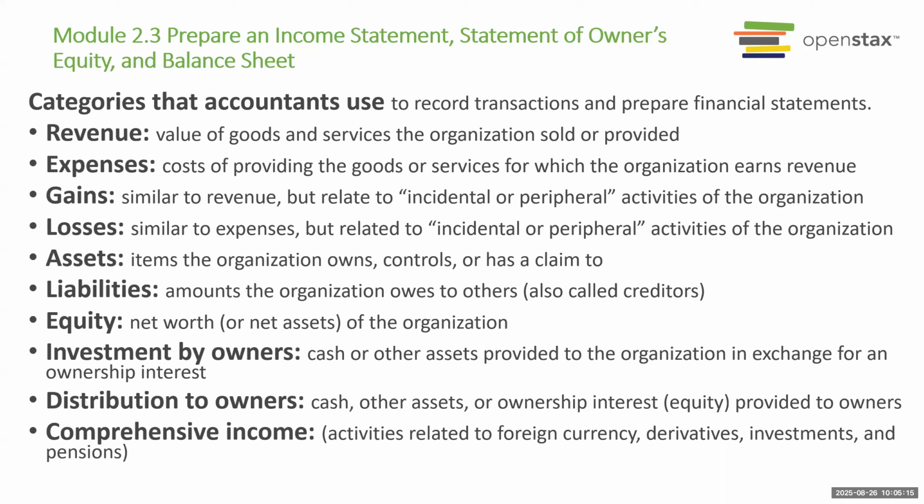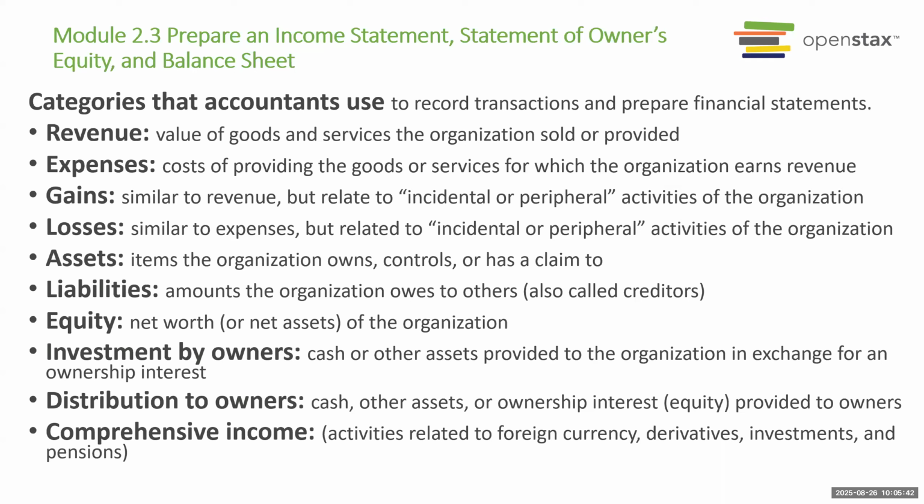Assets are items that the organization has claim to or controls. Liabilities are amounts the organization owes to others, or creditors. Equity is the net worth; basically, we talked about assets minus liabilities. Investments by owners are cash or other assets put into the business by the owners to generate an ownership interest.